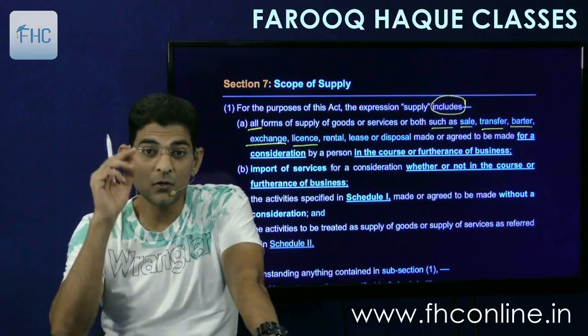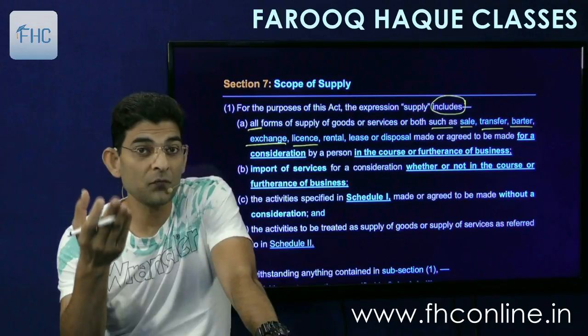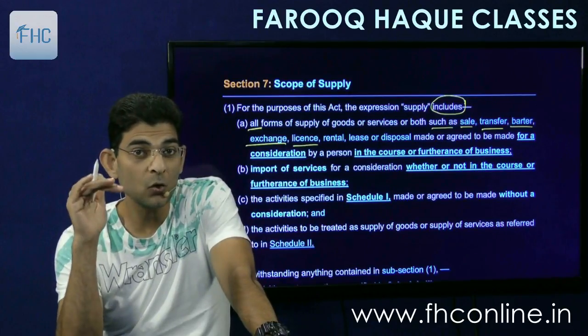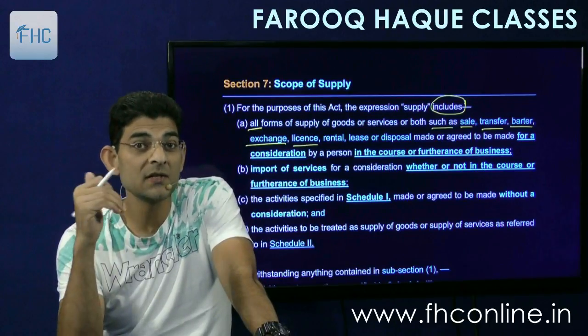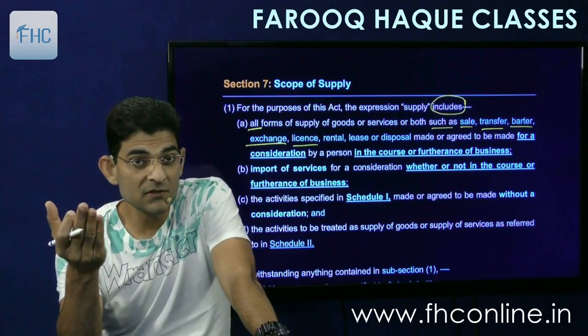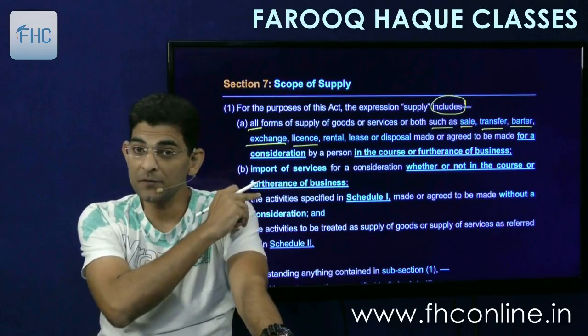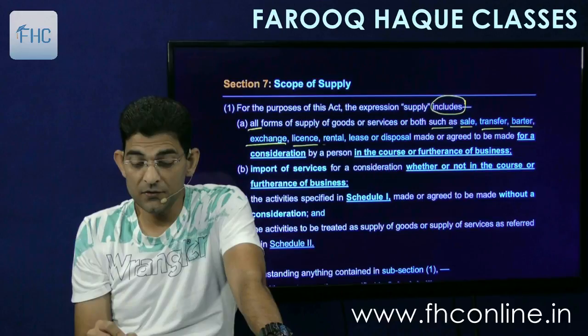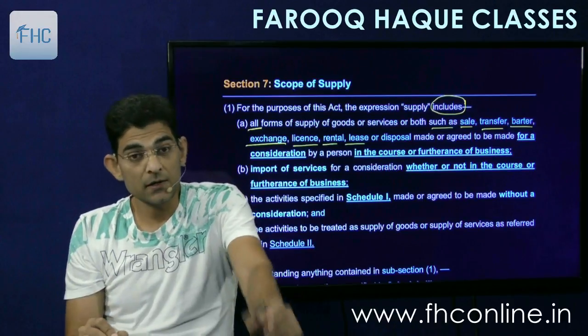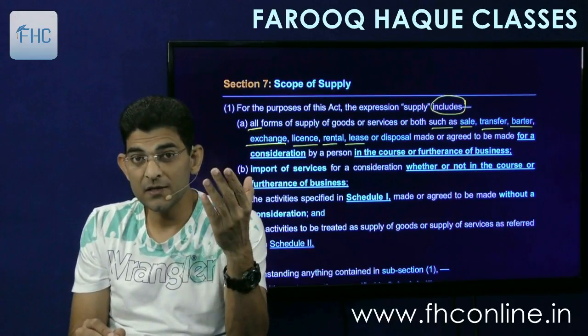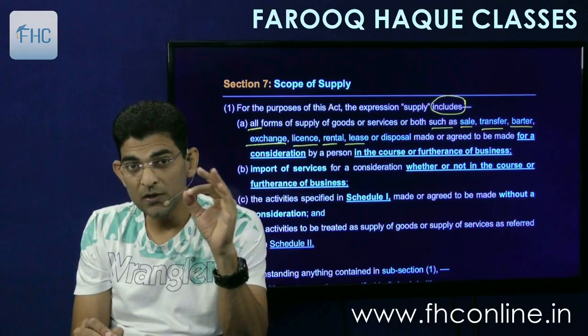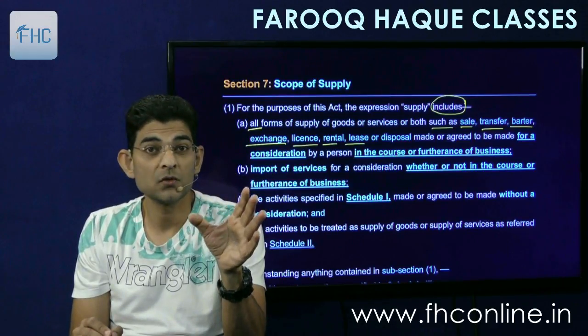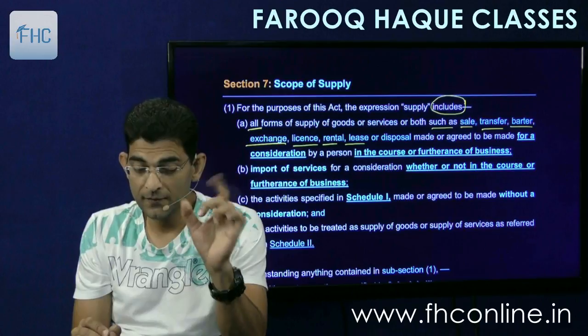So supply not only covers transfer of ownership, supply also includes lease, licenses, rentals. All those are also covered. So license, rental, lease, right? So sale is also covered, and allowing use of goods or services is also covered.